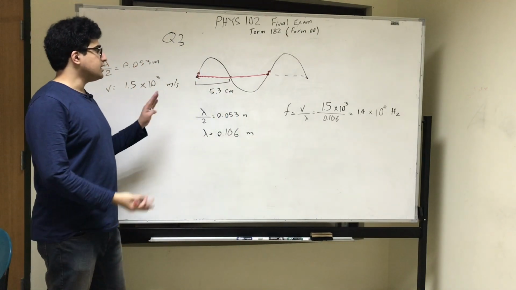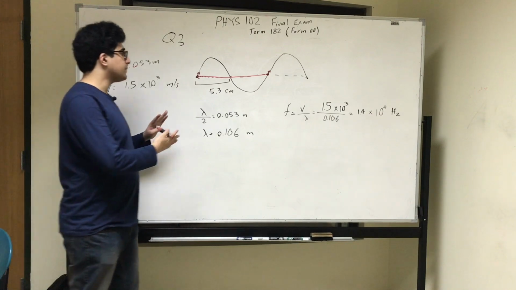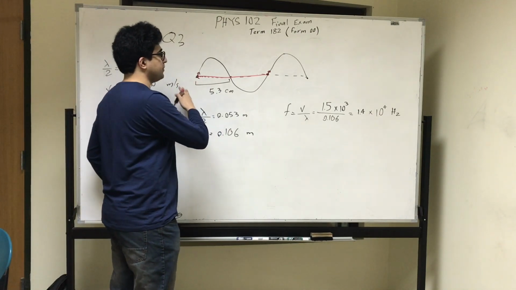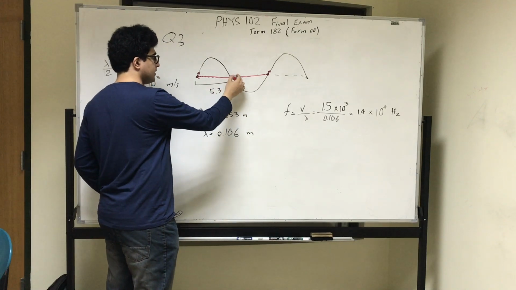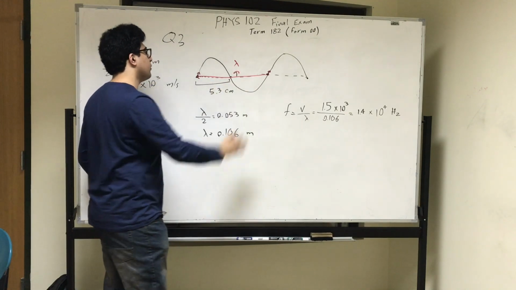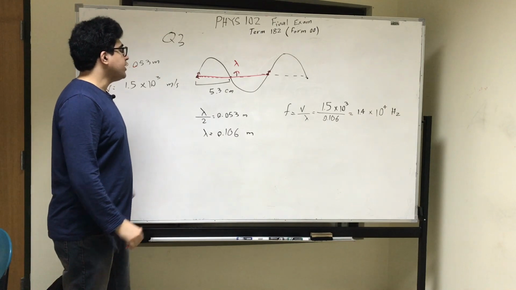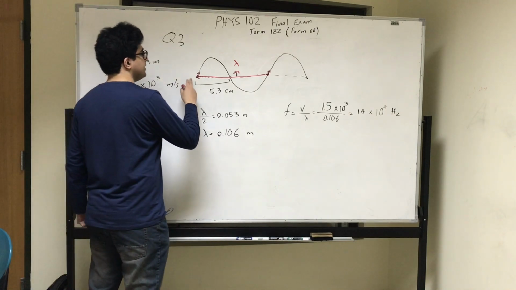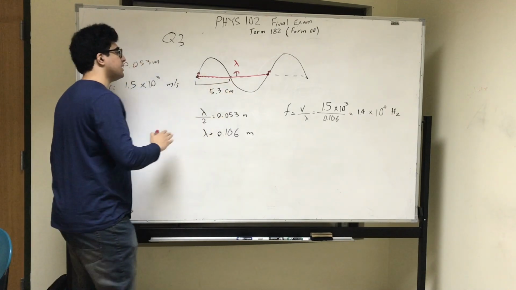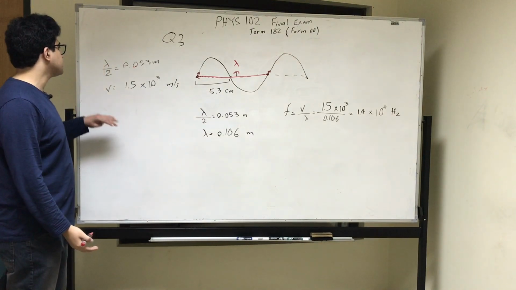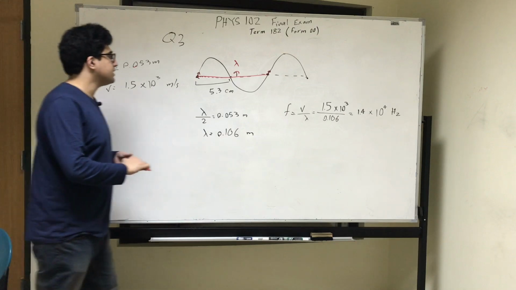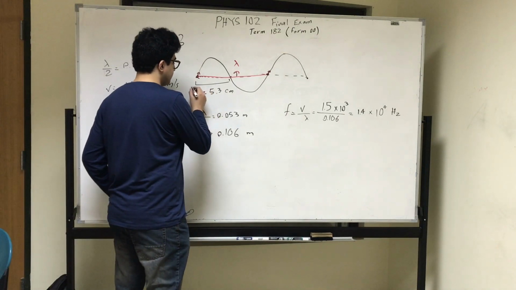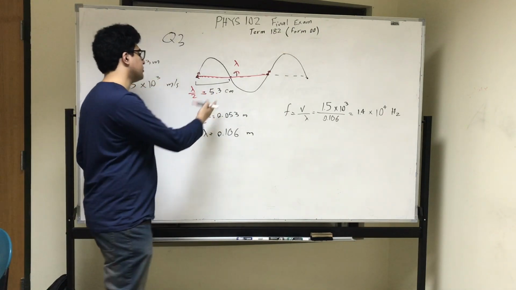The distance between two repetitions, when the wave behavior repeats itself between two points, is the wavelength. So we know that the distance between two adjacent nodes in any standing wave is equal to 1/2 of the wavelength. So in the question, we're given that lambda over 2 is equal to 5.3 centimeters.